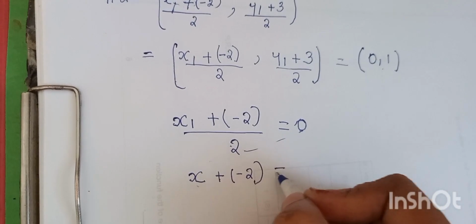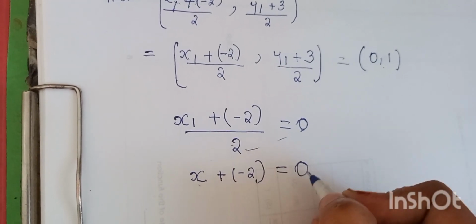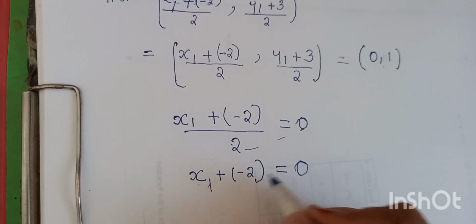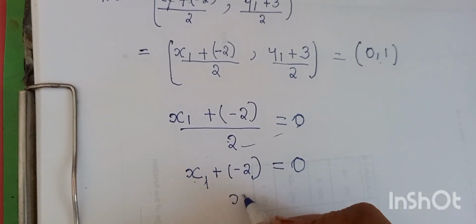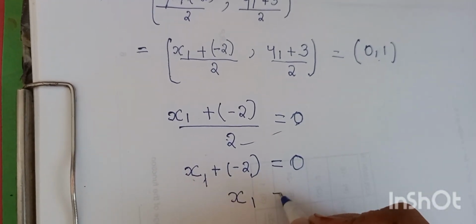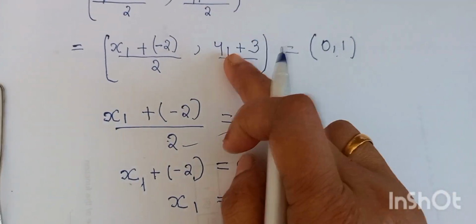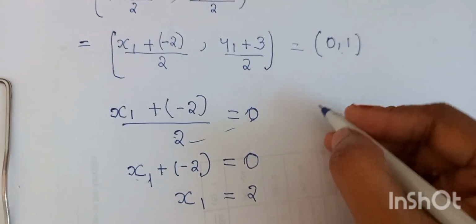Cross multiplying we get this, which is equal to 0. So x1 plus minus 2 is equal to 0, x1 is equal to 2 we get, isn't it? Similar way we can find the y1 also.